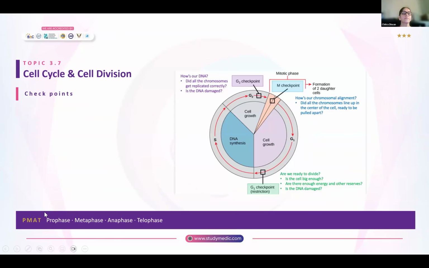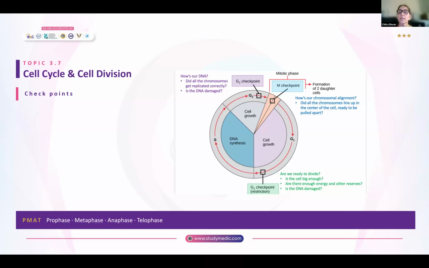So these are the cell division checkpoints. You have a checkpoint at G1, which is called the restriction checkpoint. Before going from G1 to S, or synthesis, the cell has to know whether it is big enough for division or not, whether the energy resources are enough or not, and whether the DNA is normal or damaged.